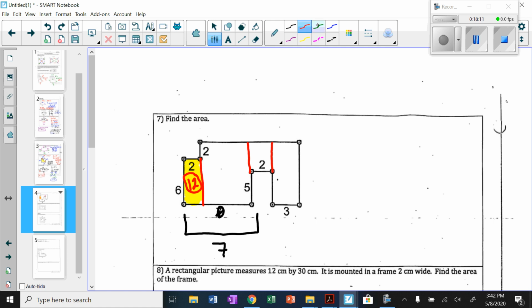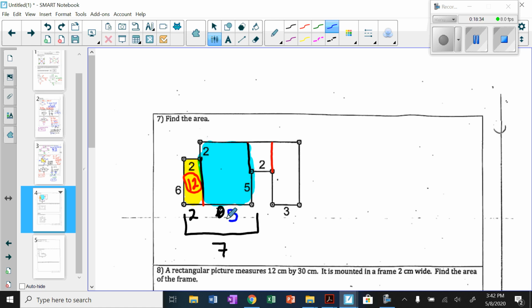Now, moving on to the next rectangle, I'm going to highlight it in blue. Now this base is not 7, that whole bottom base is 7. But if you look at the yellow rectangle, in a rectangle, aren't opposite sides congruent? So if the top is 2, isn't the bottom 2? Which means this rectangle has a base of 5.